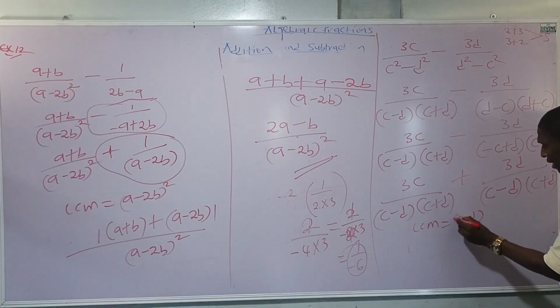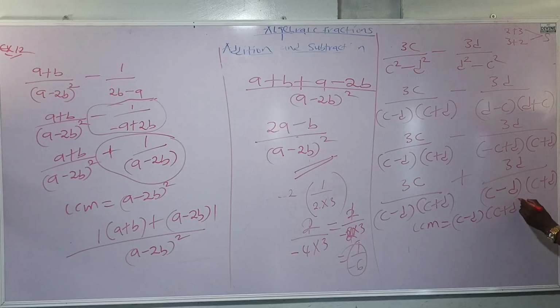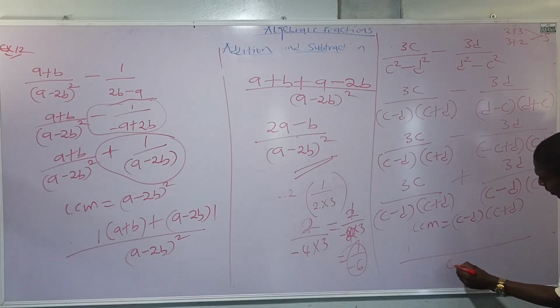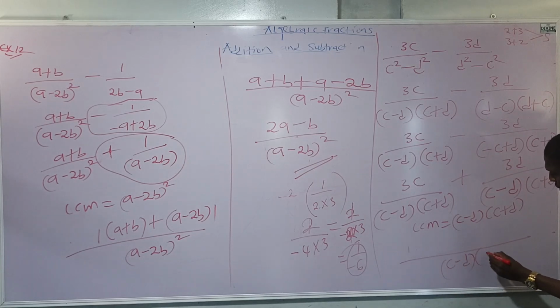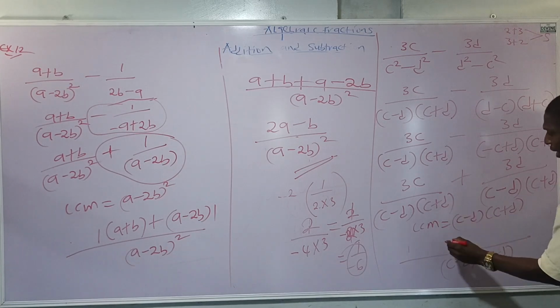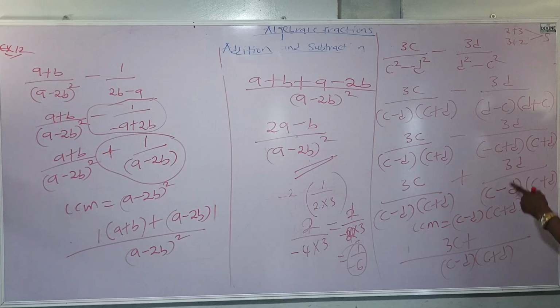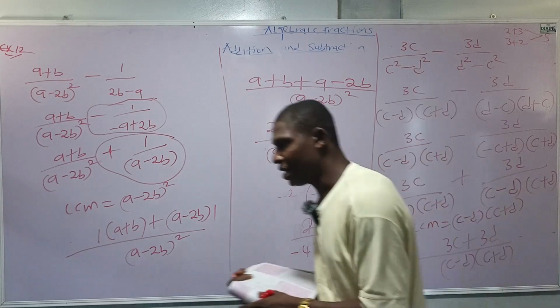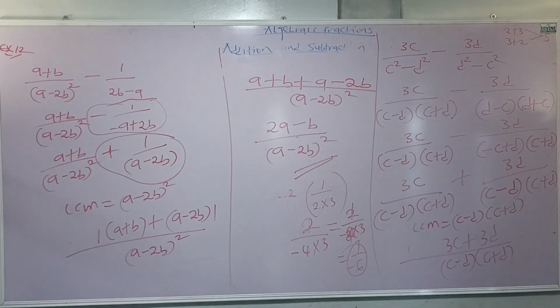So my XCM will be one of them. C minus D and what? C plus what? D. C minus D and what? C plus what? D. If this cancels this, I'll have 1. I'll have 3C. Plus, if this cancels this, I'll have what? 3D. So my final answer becomes, this won't even be my final answer. I have 2 more steps to go there.